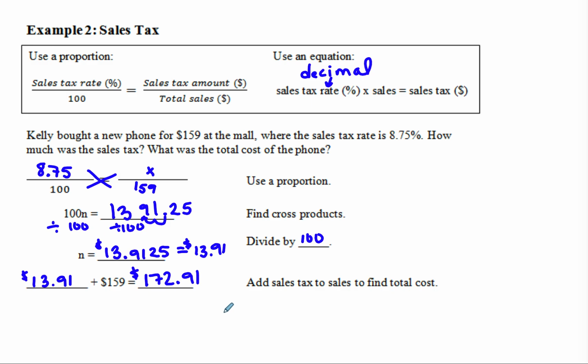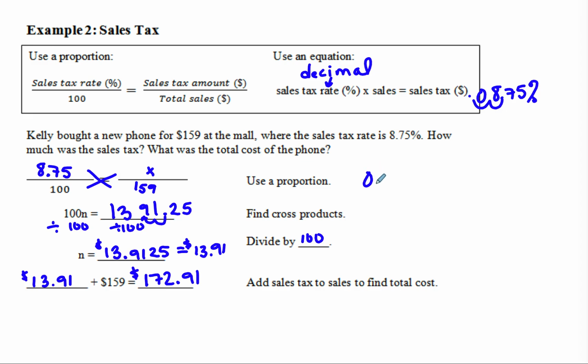If you're a person who likes equations, here's what it would look like. We would take our percent, 8 7/75. That's our percent. We would change it into decimal form by moving that decimal 2 places over to the left.